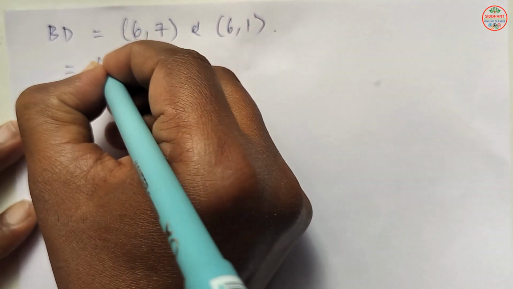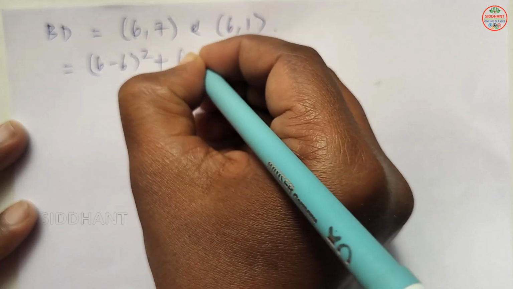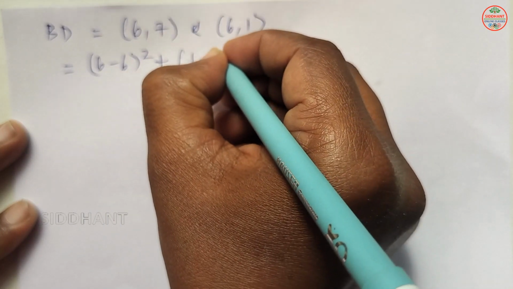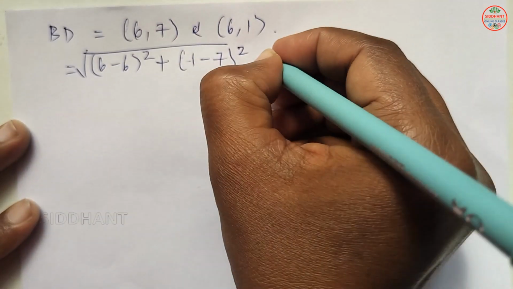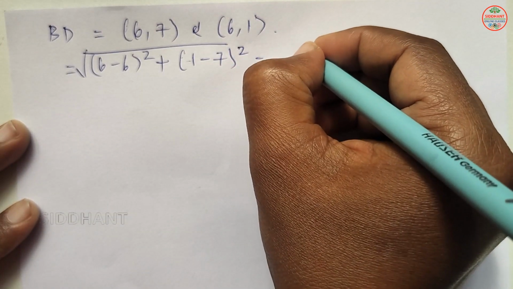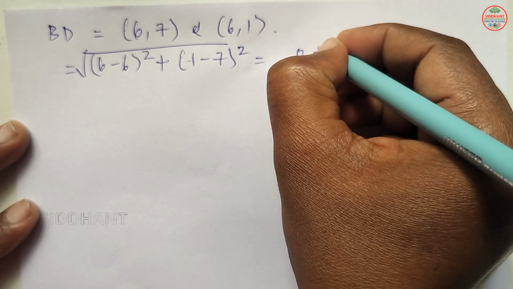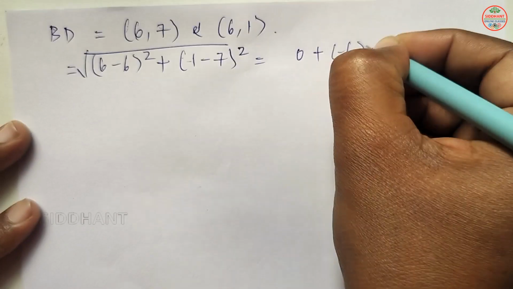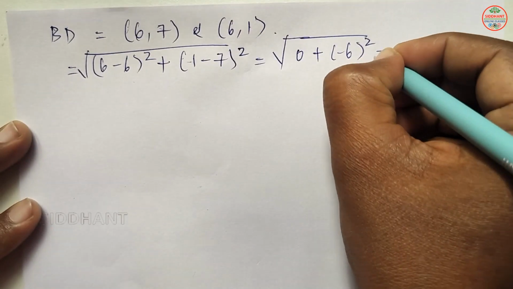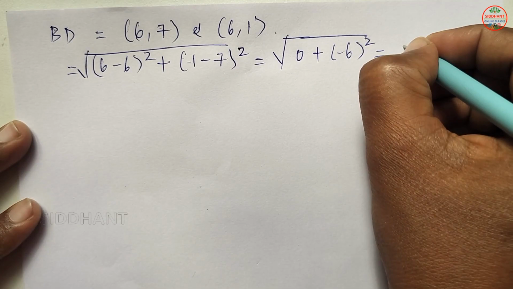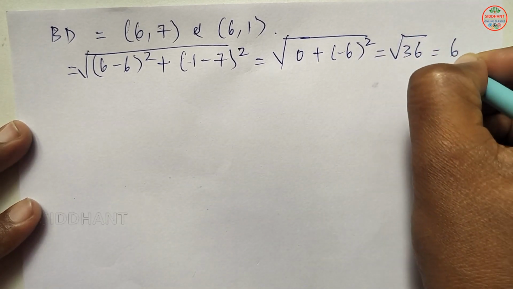So here (6 minus 6) whole square plus (1 minus 7) whole square. That will be 0 plus (minus 6) whole square, that is 6 square, 36. Square root 36 will be 6.